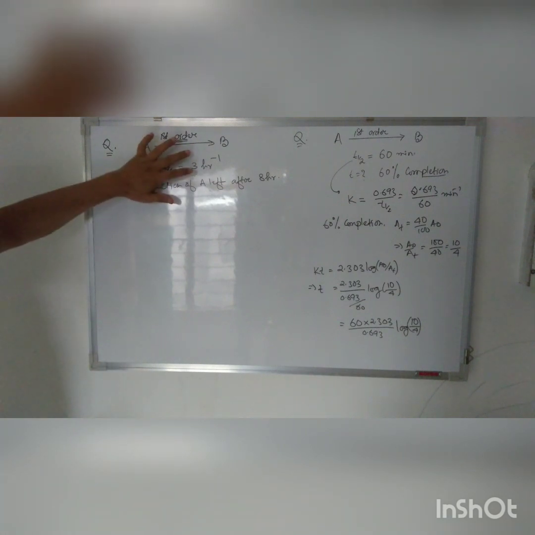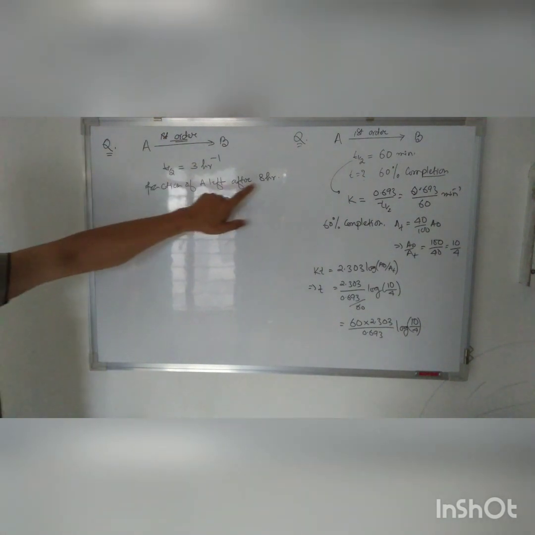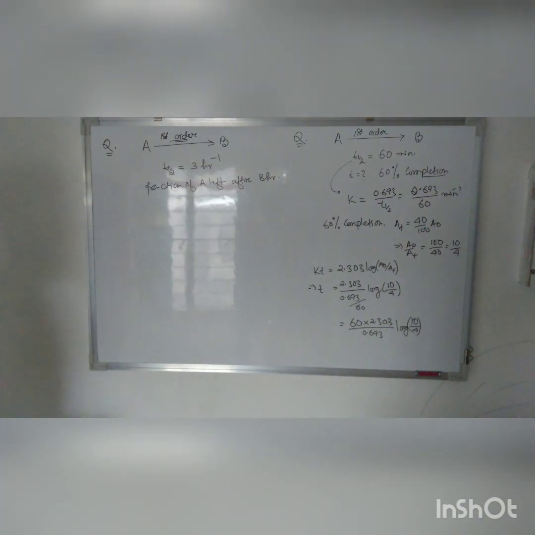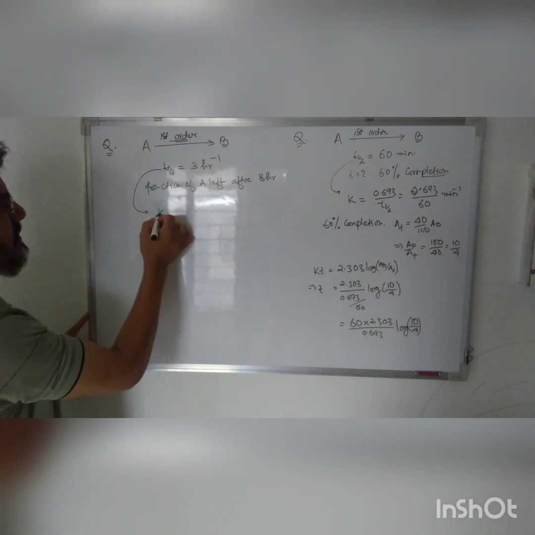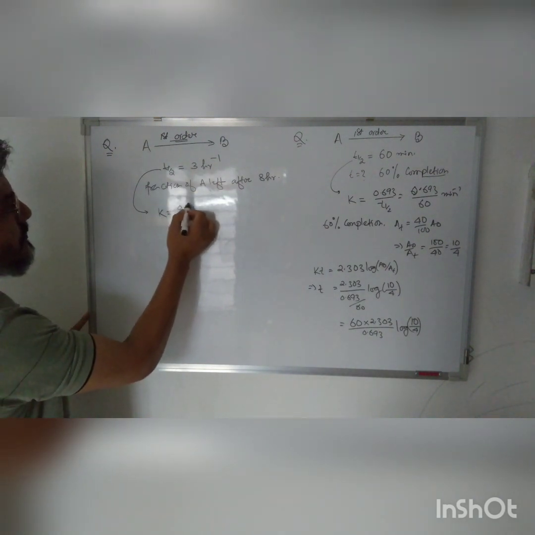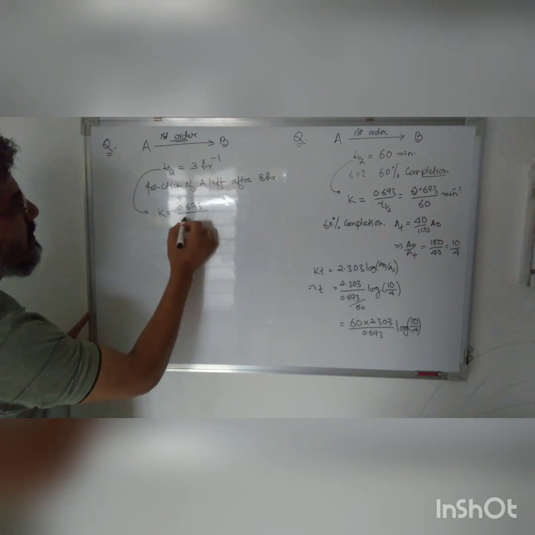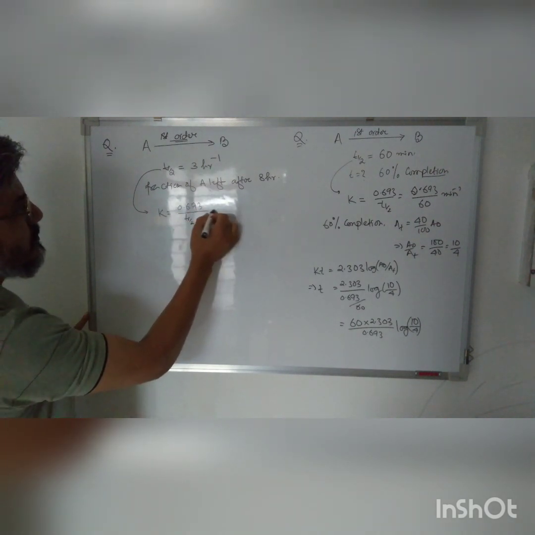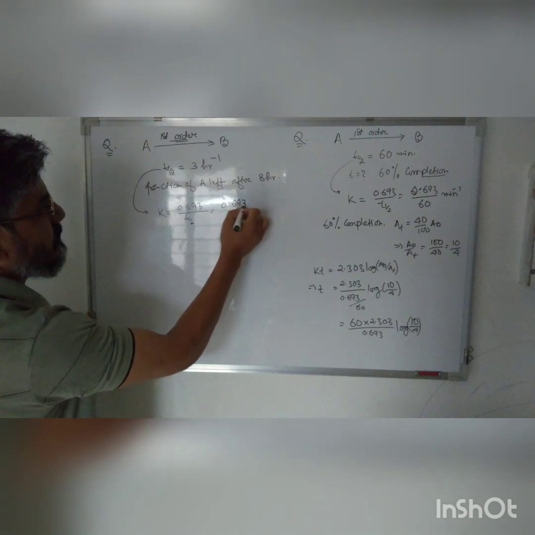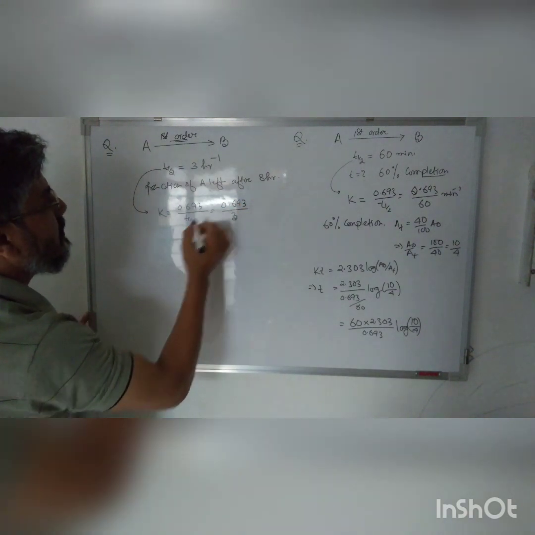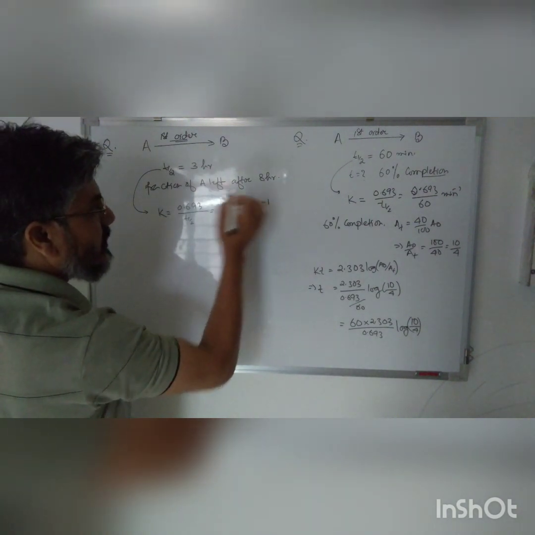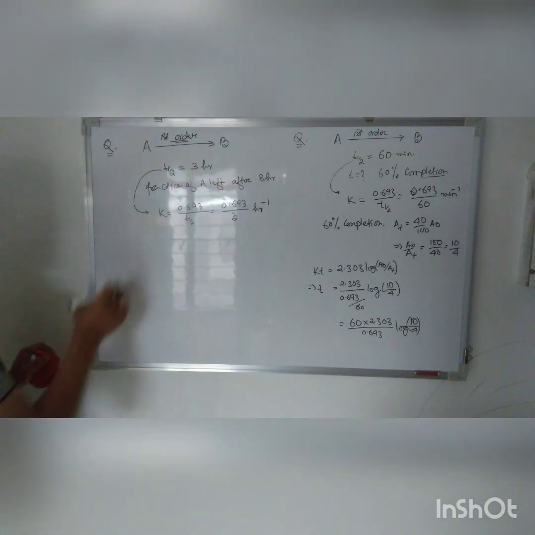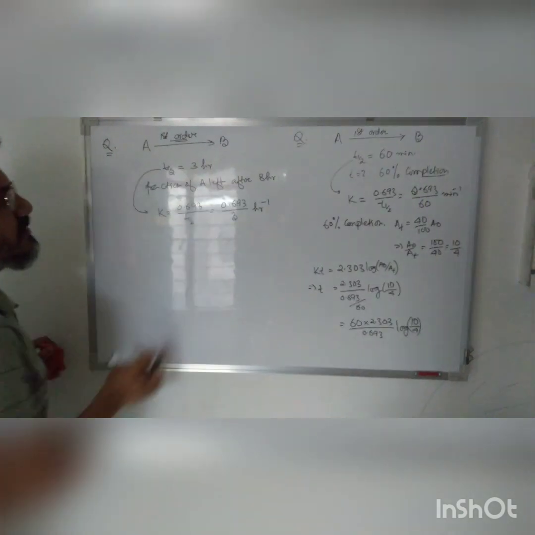So we have this half-life. The total time is given. So what is the fraction of A left? The question says half-life is given. So half-life means K is equal to 0.693 by half-life. So this is 0.693 by 3 hour inverse. Then we have to find the fraction of A left.